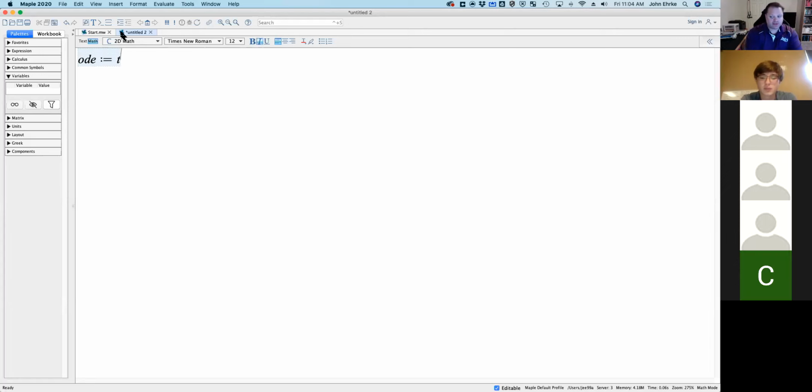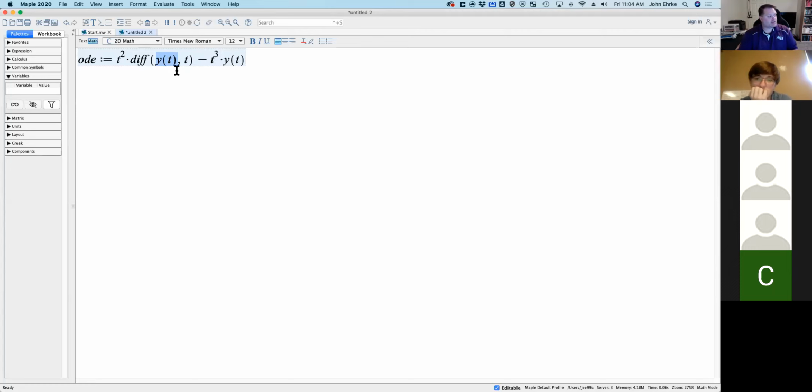And it is t squared times the derivative of y with respect to t, minus t cubed times y. Now notice that every time I have the dependent variable y, I'm writing it as a function. You shouldn't just put y.